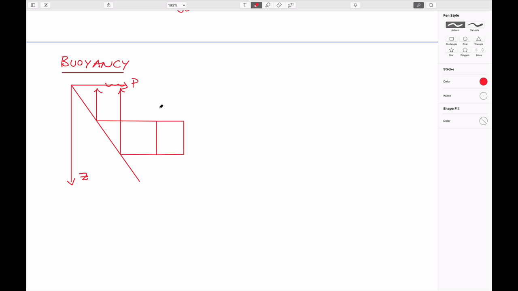And so by definition, the pressure acting on the top is less than the pressure acting on the bottom. These probably aren't quite to scale, but this pressure base and pressure top would be equal to each of these. And clearly those are out of balance.